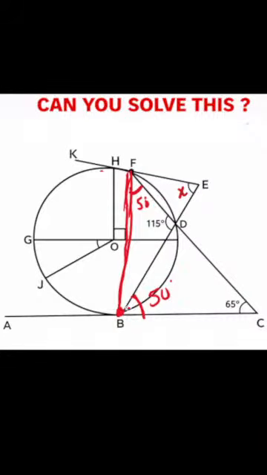If you are not good with arcs and you are good with angle sum properties, then you are going to get it. This is 50 for sure. Is that clear?